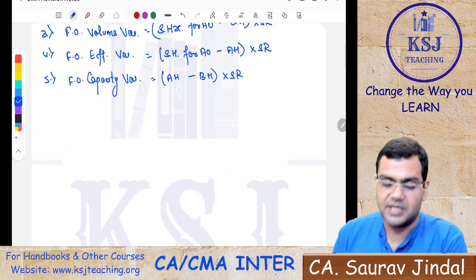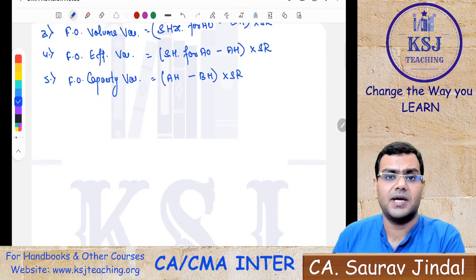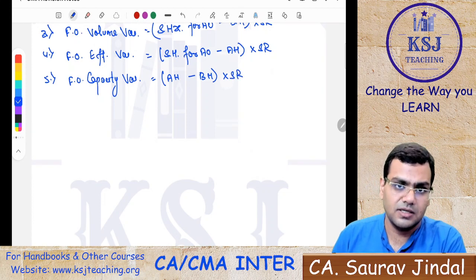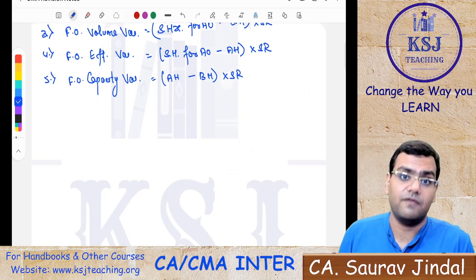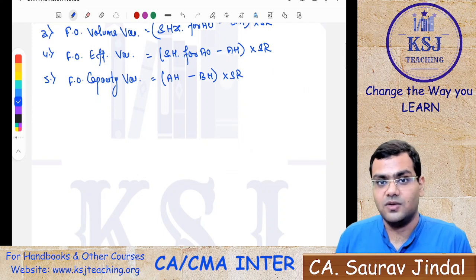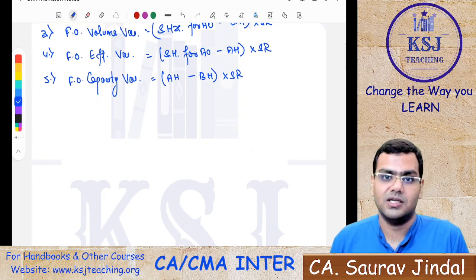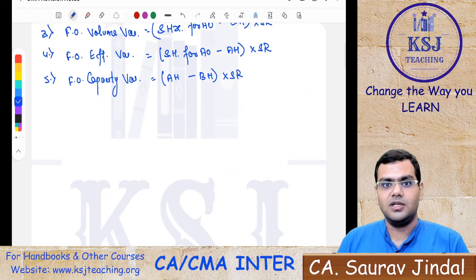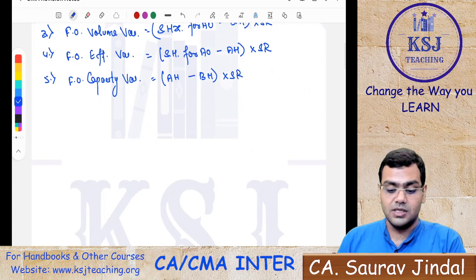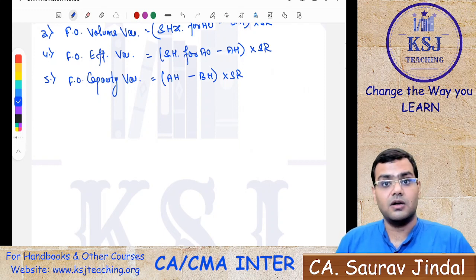Now, what is the capacity variance? The capacity variance says what the capacity of the worker to work is. We thought that the worker can work for only 1000 hours, whereas the worker actually worked for 1200 hours. So what is beneficial in this case? Actual hours should be more than the budgeted hours. That shows he has a capacity to work for more hours.